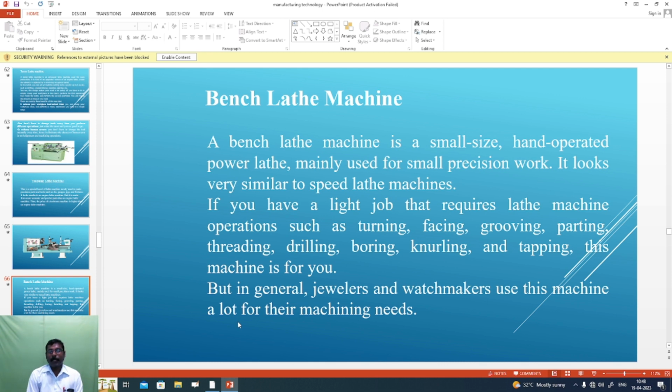If you have a light job that requires lathe machine operation such as turning, facing, grooving, parting, threading, drilling, boring, knurling and tapping, etc., this machine is for you.